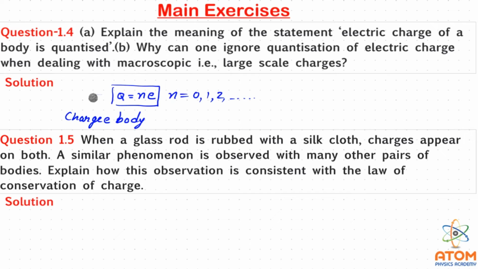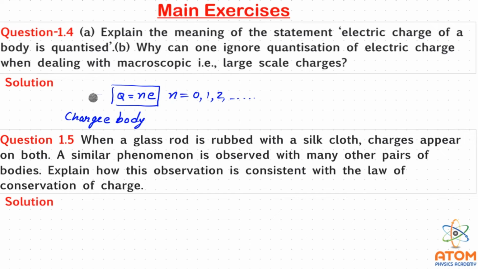Right now I have taken one example only, for proton, but if you take any other substance, any charged object, let us say a charged comb, we say that it has excess electrons.